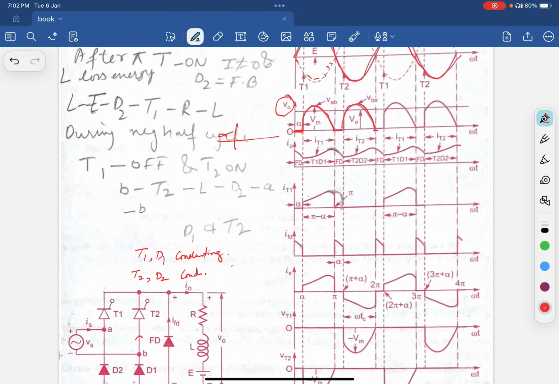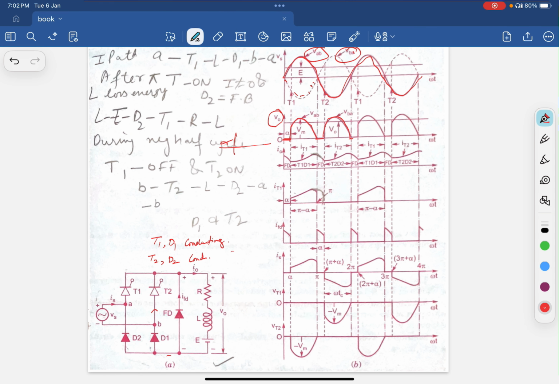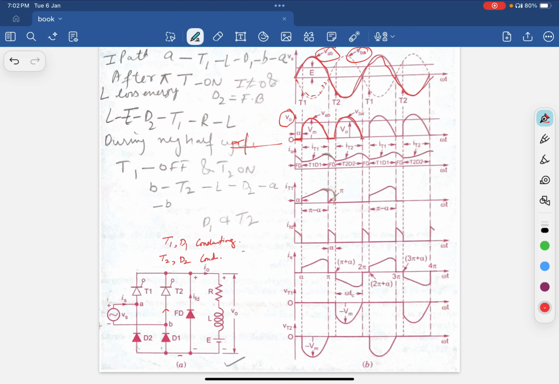Also we have taken the assumption that the load current is continuous. So here the thyristor T1 and D1 were conducting in the positive supply. You can see that it rises and reaches the instant pi.